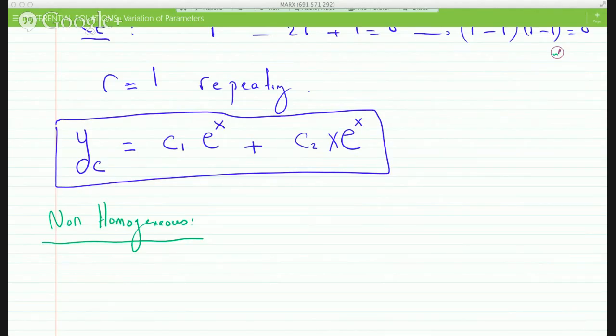So you're going to assume that your y particular is equal to y1 u1 plus y2 u2. And usually the way we do this is we take the derivative of this twice, plug it into the differential equation, impose a constraint, get two equations, two unknowns, solve for u prime 1 and u prime 2, integrate them back, and we get y particular. But that takes too long on a test situation.